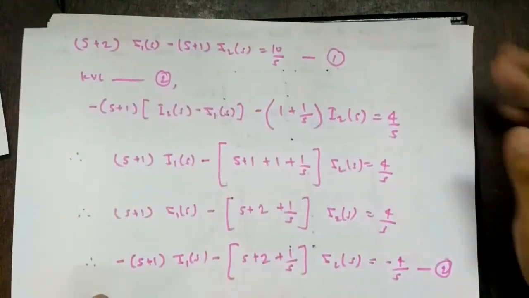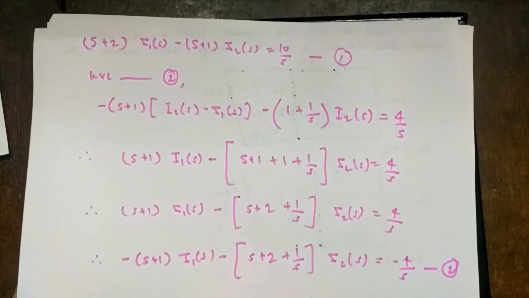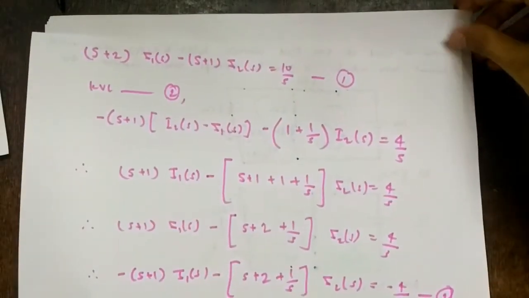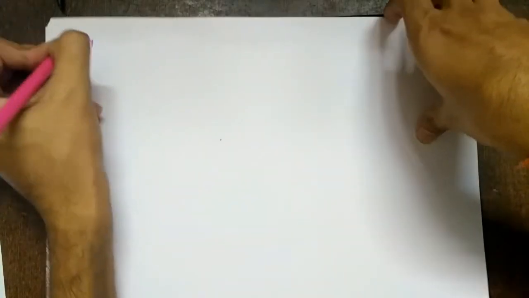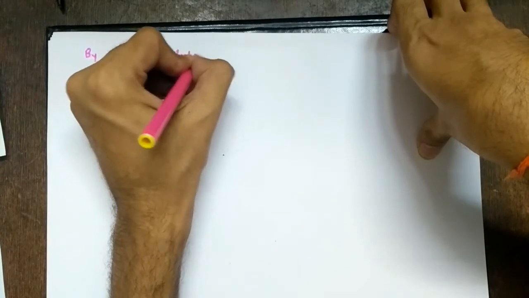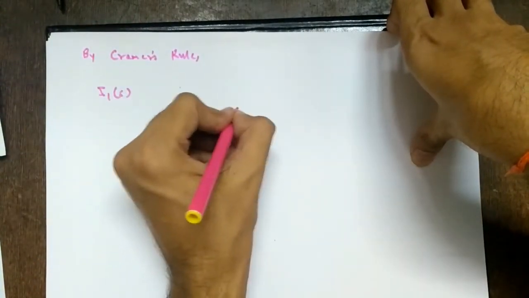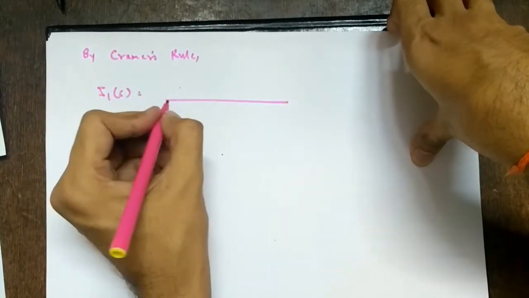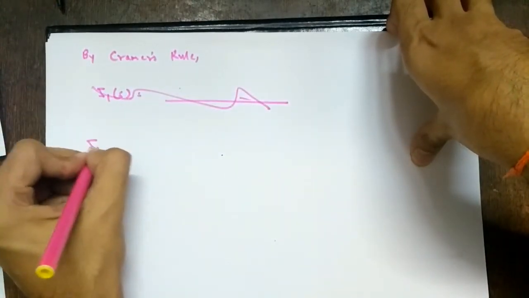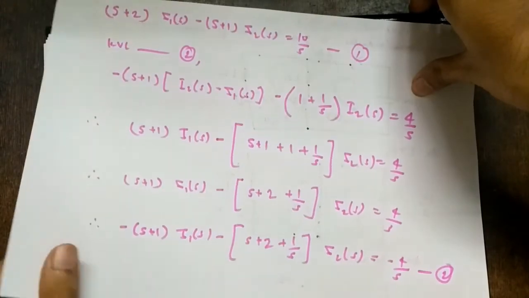So how to find I1 of s and I2 of s? You cannot use a calculator. So again, as we did in one of the previous lectures, you will use Cramer's rule. So what will be I1 of s? You worry about the numerator later, it does not require more space. I1 of s equals, right? The determinant of the coefficients of I1 of s and I2 of s.